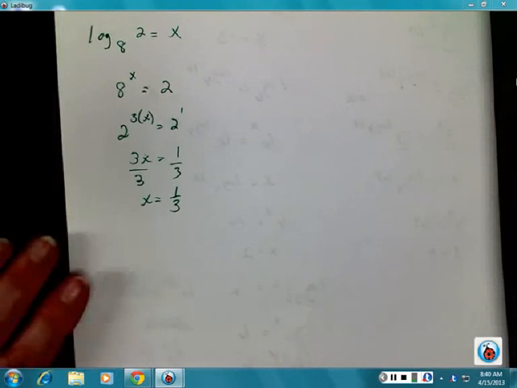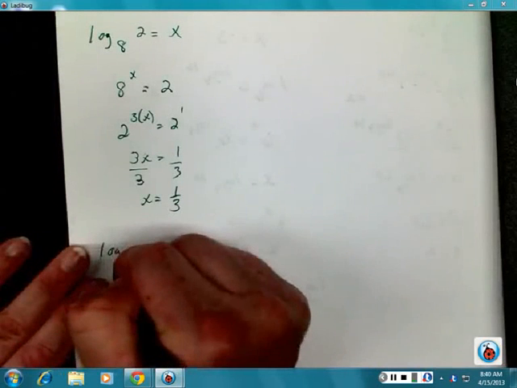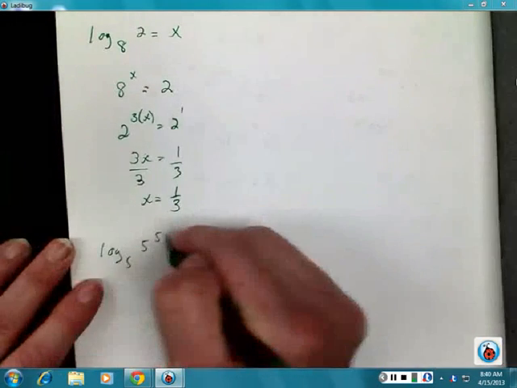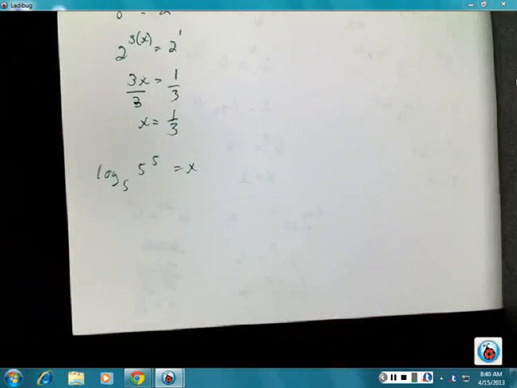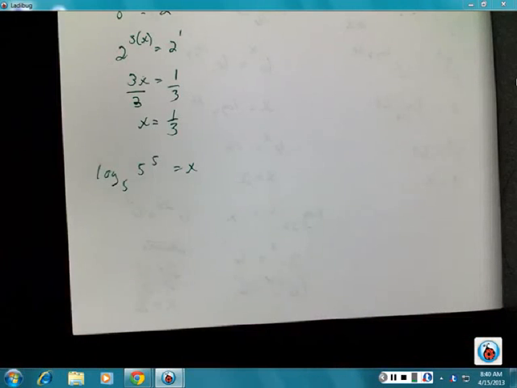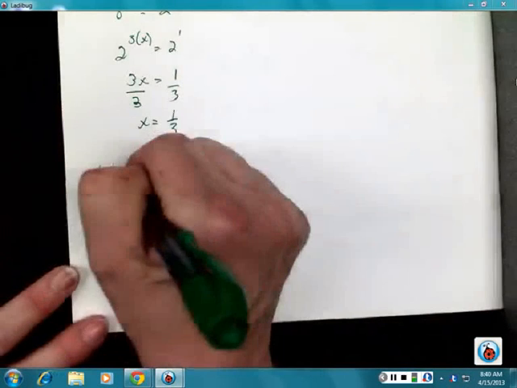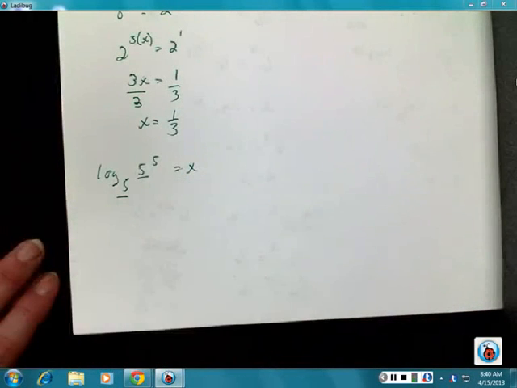And how about this one? Log base 5 of 5 to the 5 equals x. What happens to that one? It's 5. Again, if you remember, your bases match each other, right?